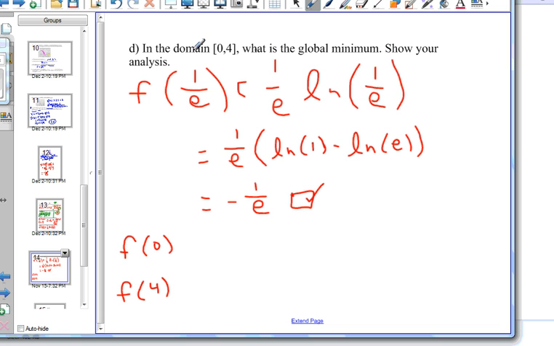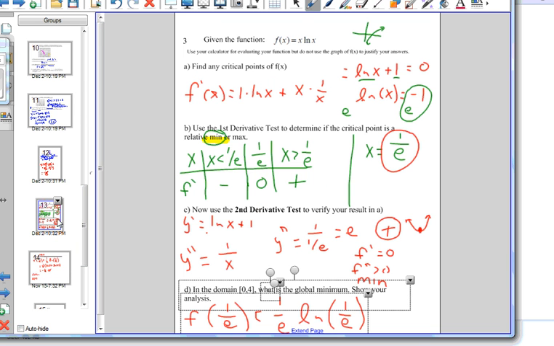So our function here is x ln x, and f of 0, well, let's see. At 0, it should be undefined.